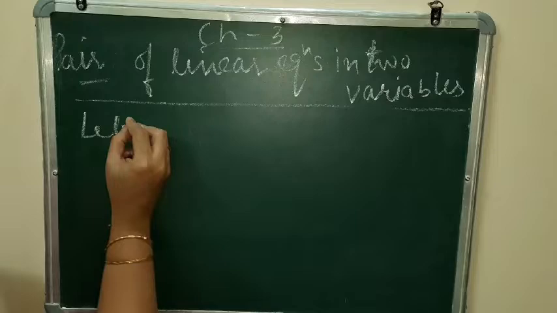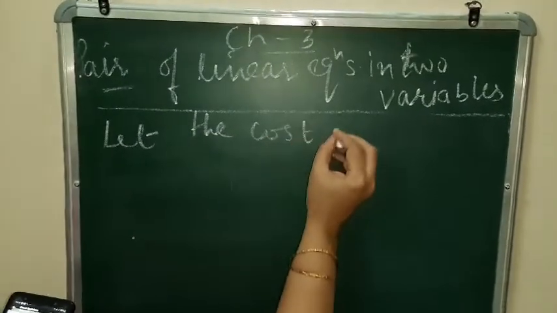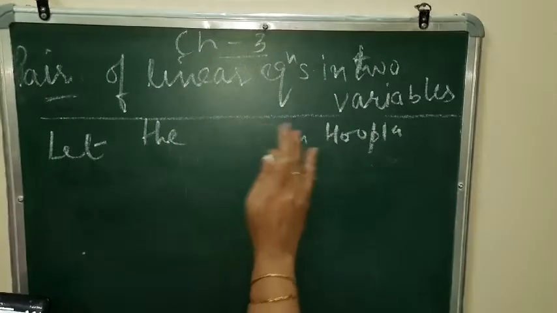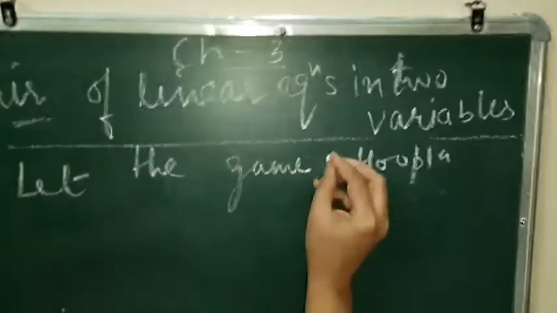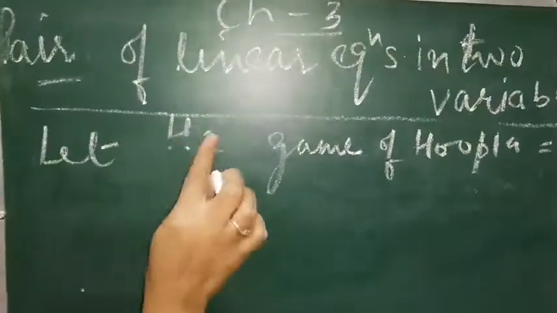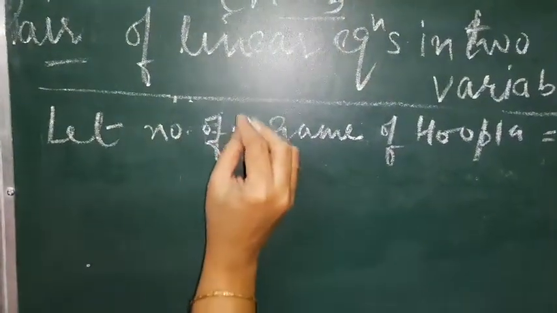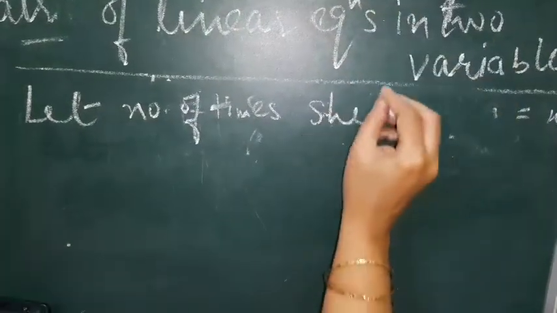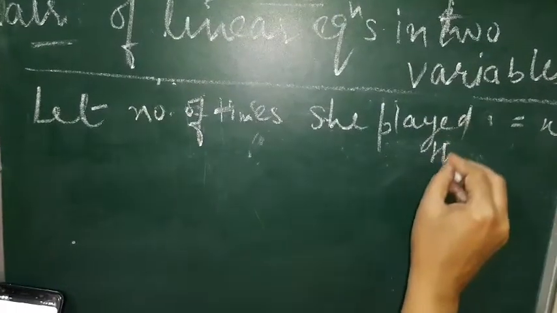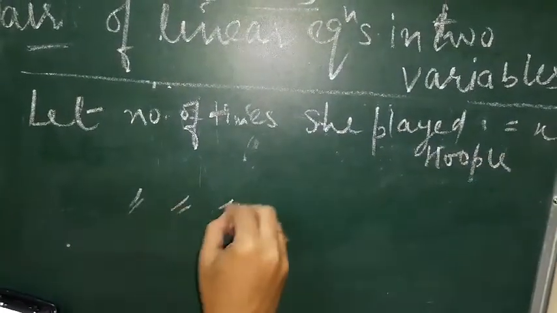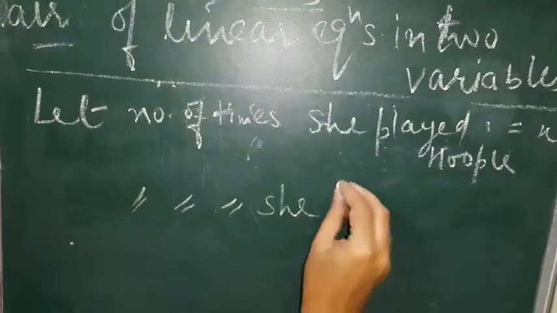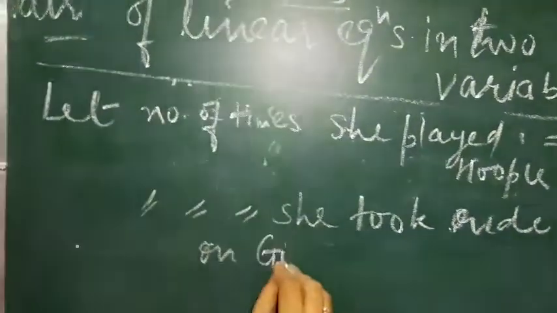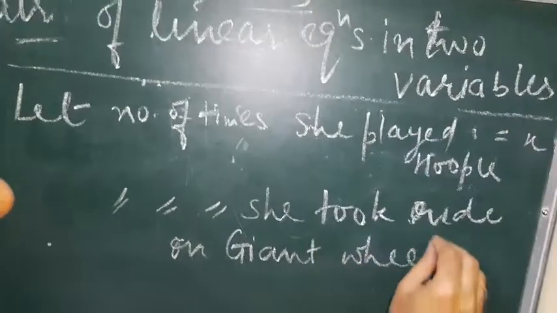So let the number of times she played the game of hoopla be X. And the number of times she took a ride on the giant wheel, that be Y. So only two things she has taken.